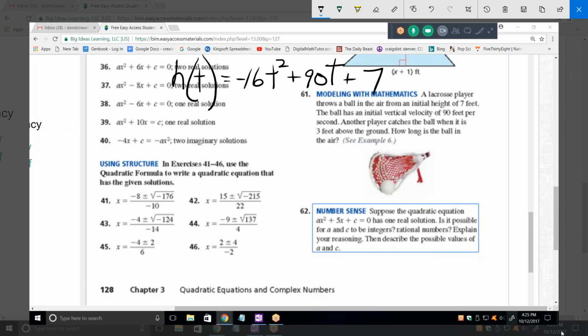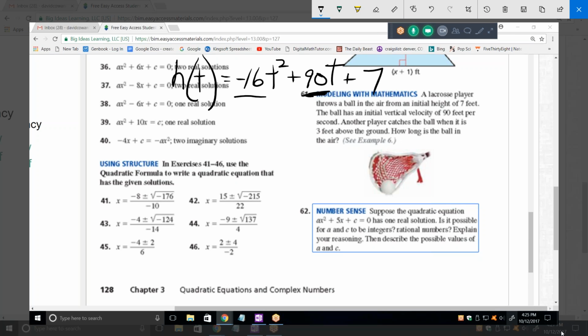But just always know that's always minus 16 based on the gravity, and that's always the initial vertical velocity. Well, in these kinds of problems, it's always going to be vertical. It's not always vertical. Sometimes it can be at an angle. You have to find the vertical component of it. But these are basically relatively easy.